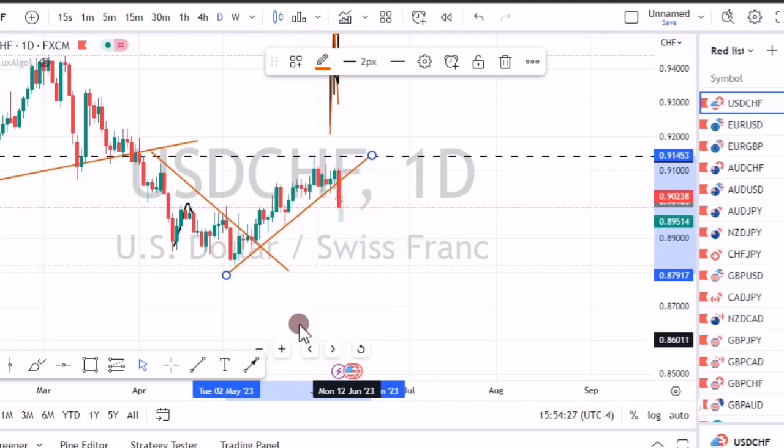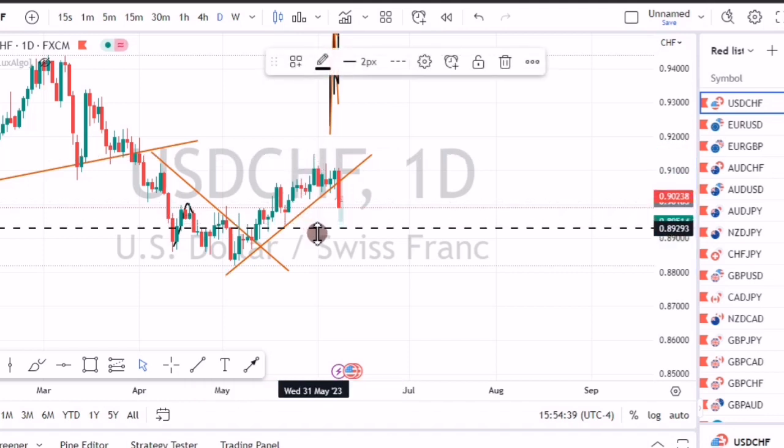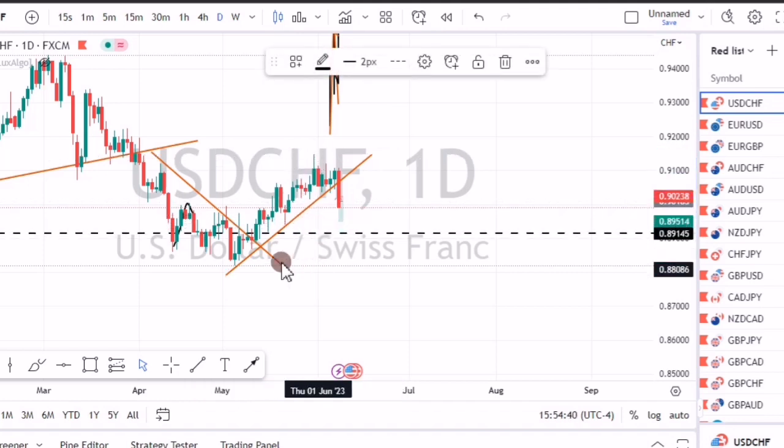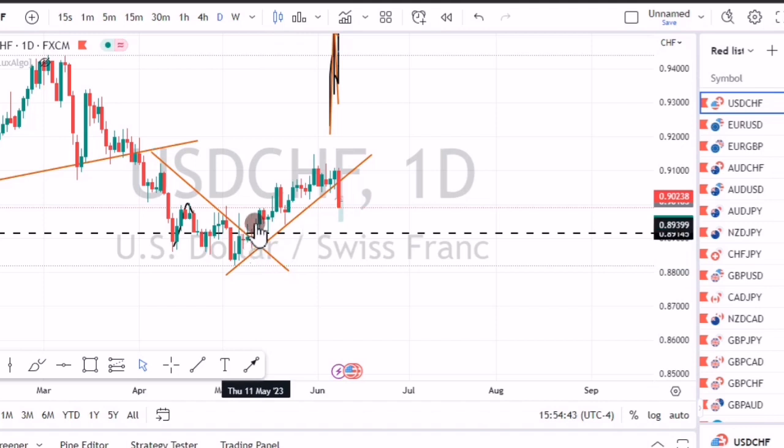And when price broke out, you have to identify the region where price broke out when making this upward channel. And let's shift our dotted line, it is right here. Okay, so price broke out of here and moved up. It is very much expected that price comes to test this line.